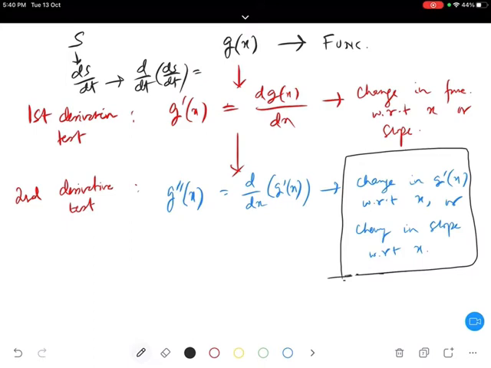And acceleration is the change in speed with respect to time. In the same way, g double dash x is the change in slope with respect to x. Everyone understood? Come on, man. If you say no, then I will repeat again.